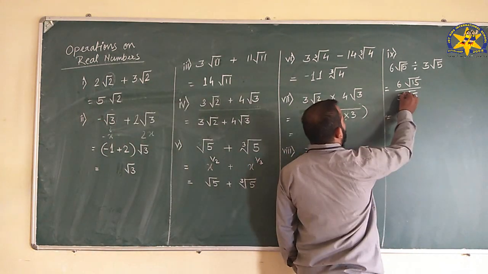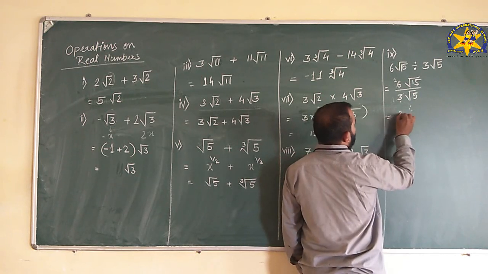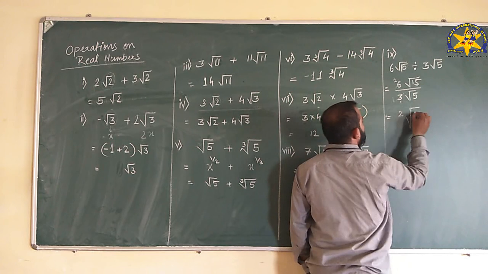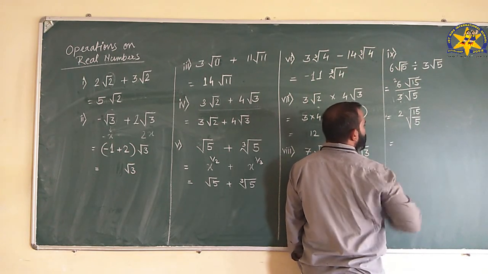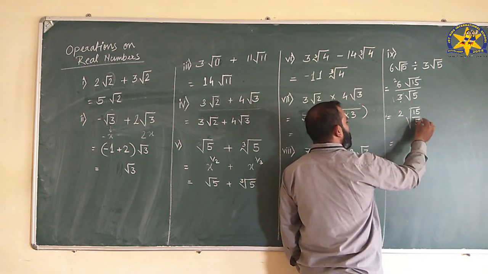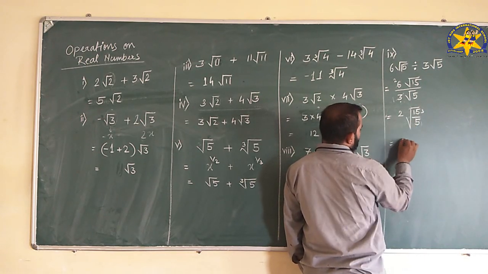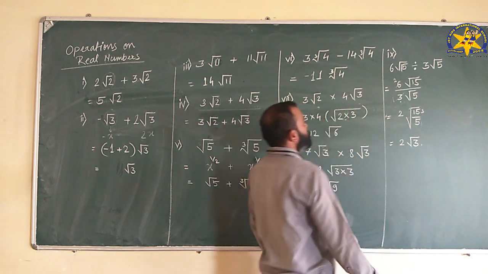So what will come? 3 2s are 6, so 2 will come here. 15 by 5, both are square roots, that's why we have taken them together. 5 3s are 15, so what comes? 2 root 3. So this is the answer of division.